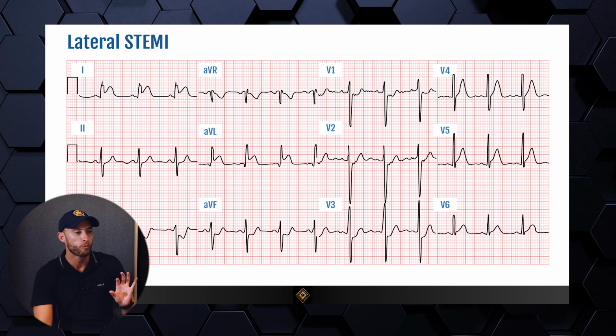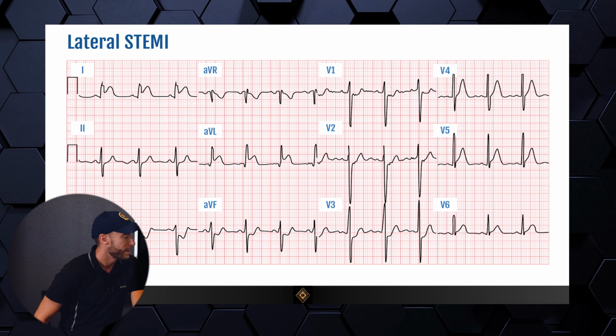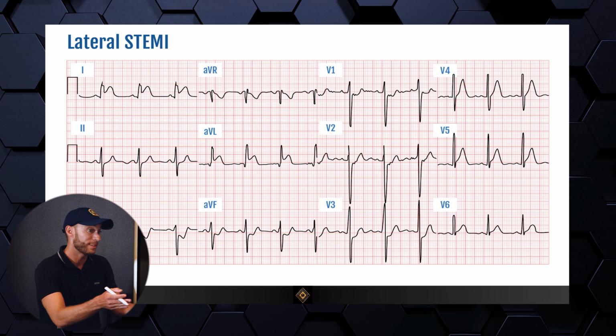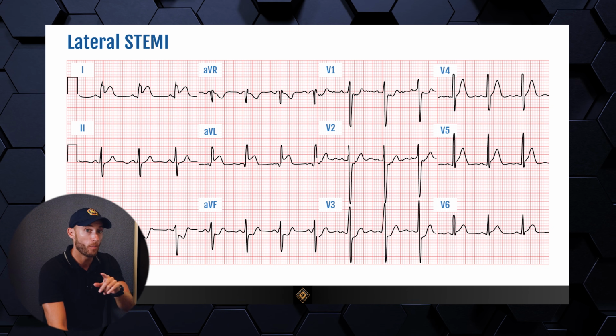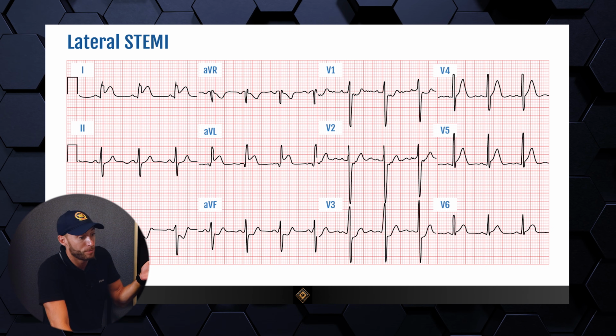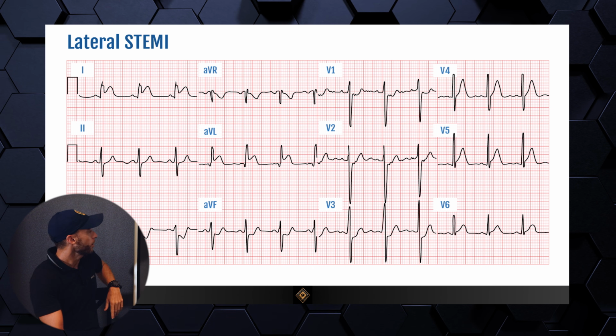So the real true blue isoelectric line is before the P wave. So you have a T wave, and after the T wave, before the next P wave, that is isoelectric, and always use that. You don't want to get fooled by using the PR interval, which is between the P and our QRS.